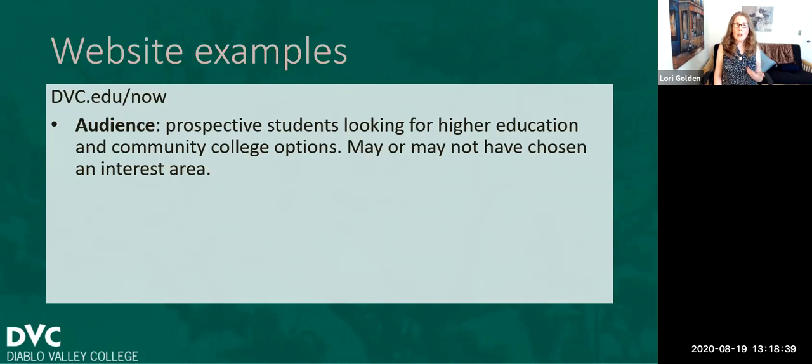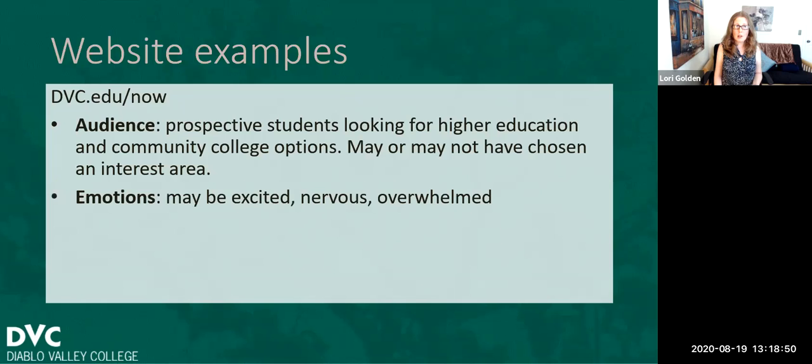And our audience for this specific page are prospective students, not current students, but they're looking for higher ed and community college options, and they may or may not know what they're interested in. When we think about their emotions, how they're coming to the page, they might be excited as a first-time college student, nervous and overwhelmed, especially now with what's going on.